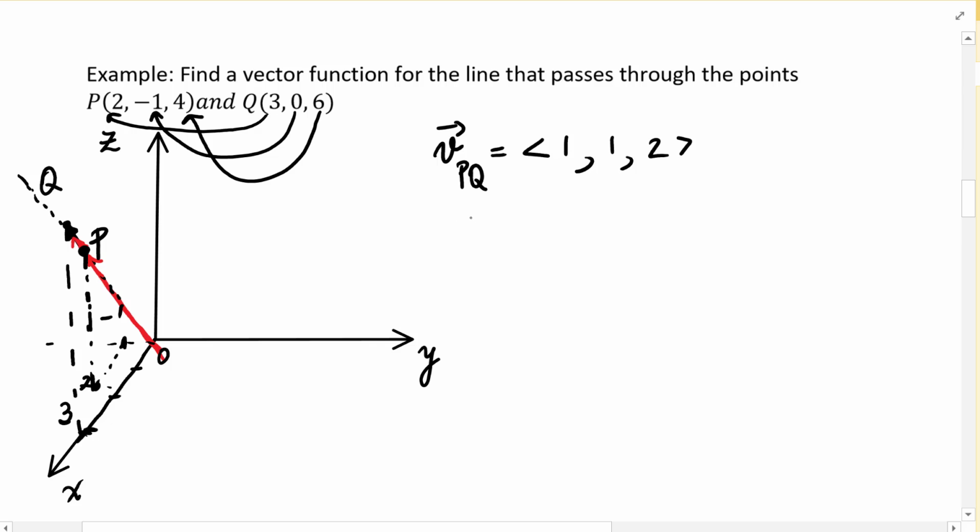Now, the line is described by r equals r naught plus t v. V we just found.